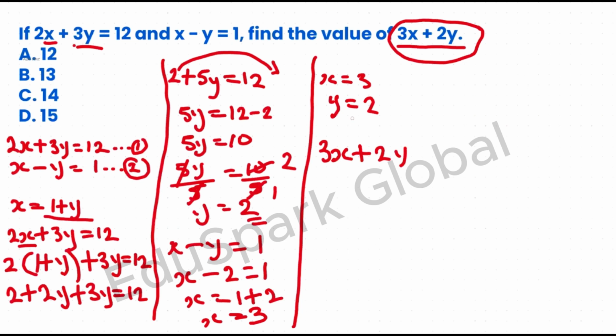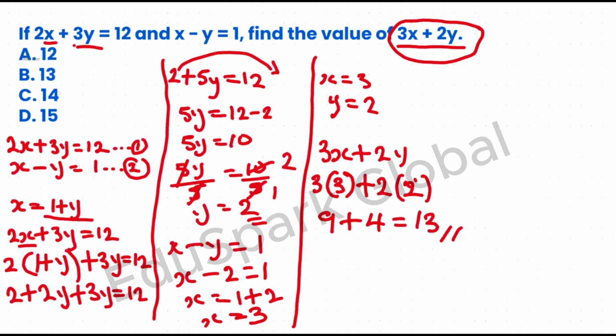So we have 3 multiplied by x, our x is 3, plus 2 multiplied by y, and our y is 2. So we have 9 plus 4, which will give us 13. So the correct option is option B, which is 13. That is using the substitution method.